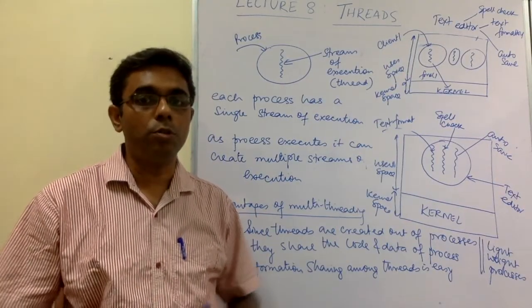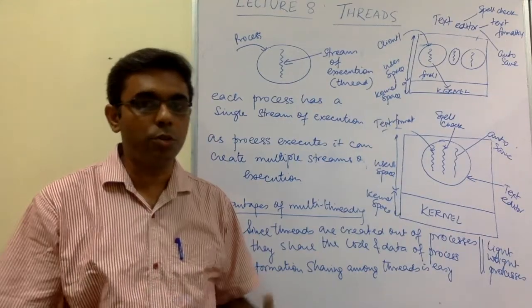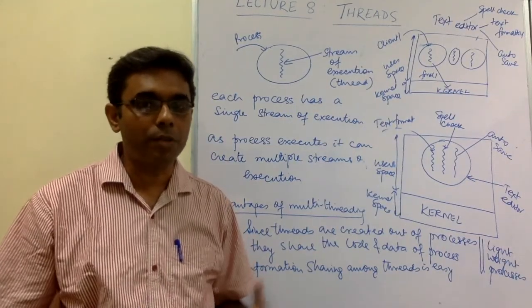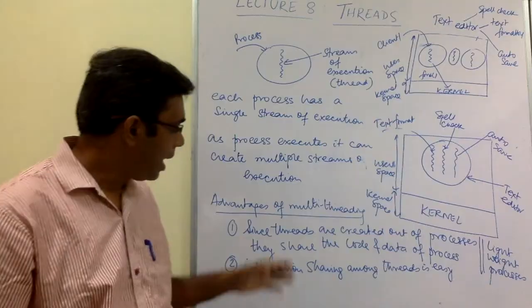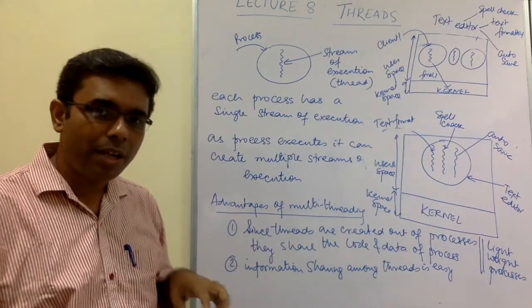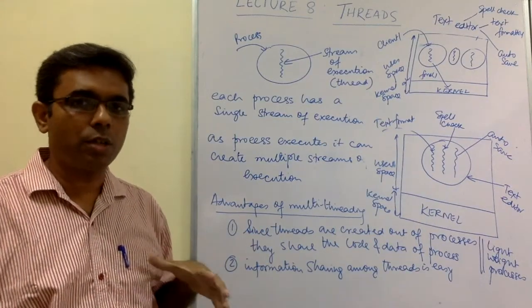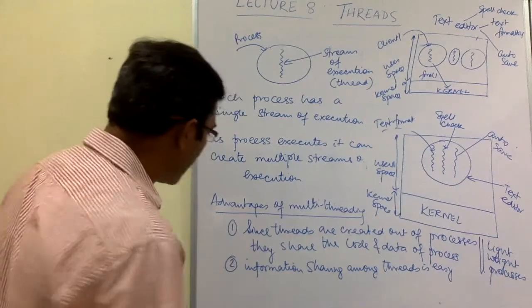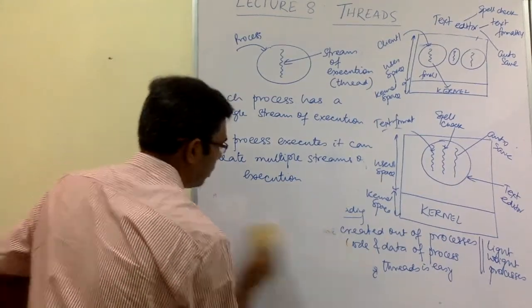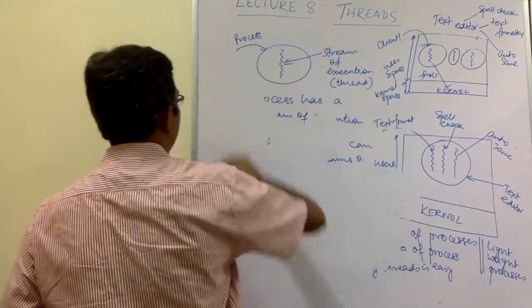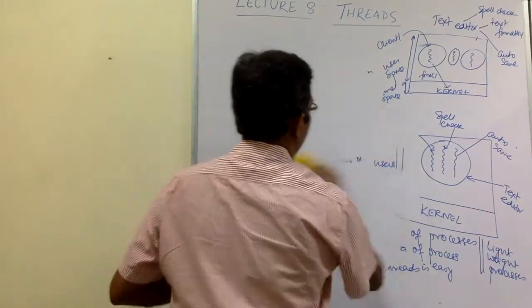You do away with a lot of overhead that is usually present when we have inter-process communication. And the threads, because they are created out of the process, share the code and the data. So let's look at what exactly the memory image looks like for multiple threads.